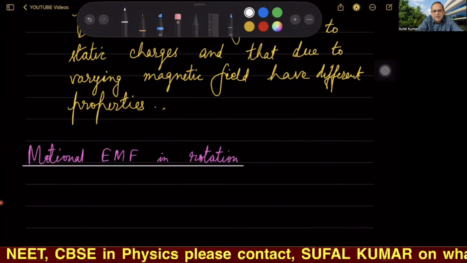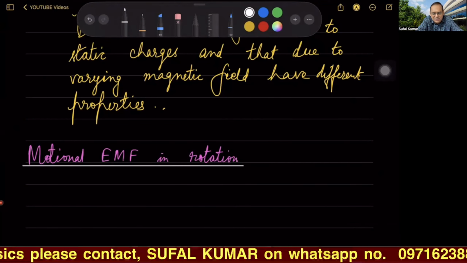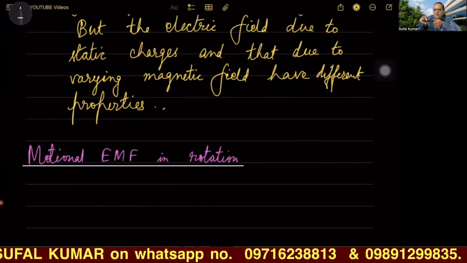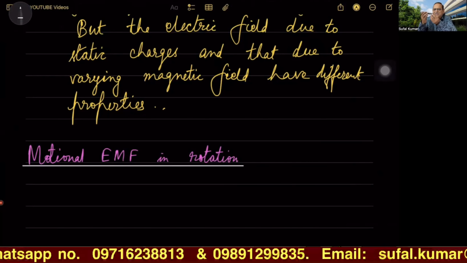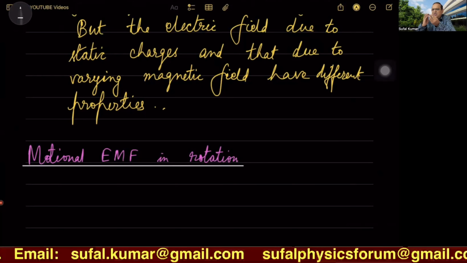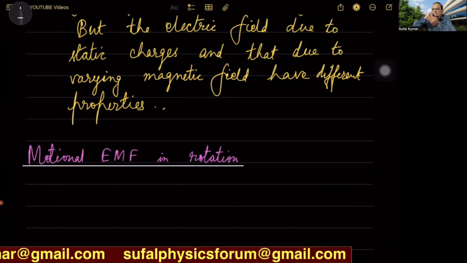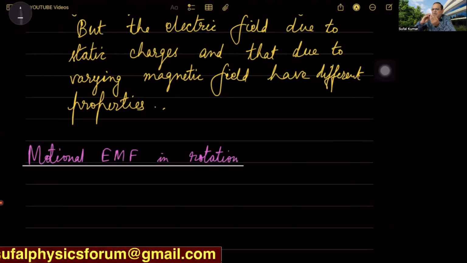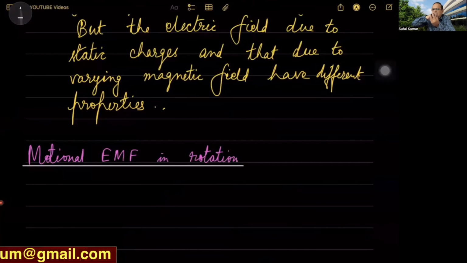Now under this heading, we are to consider a rod of length L being rotated in a perpendicular uniform magnetic field. In this kind of rotation, flux lines are being cut.